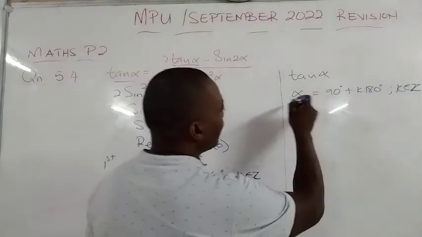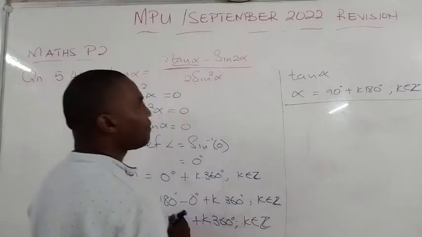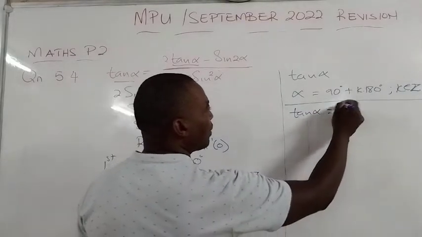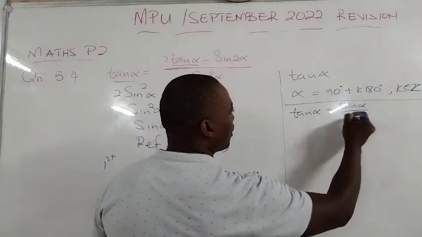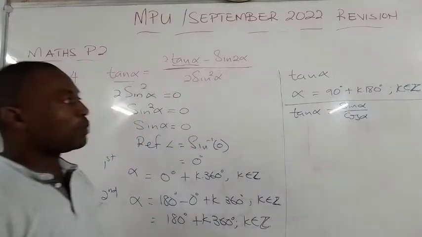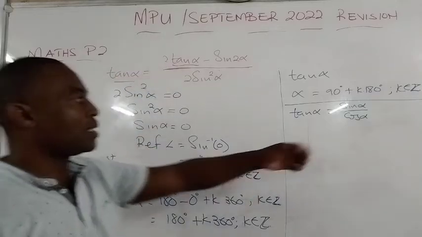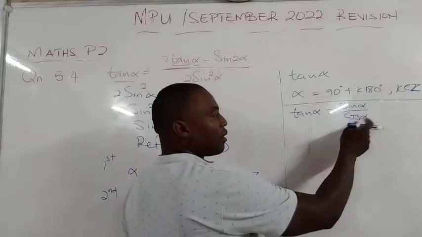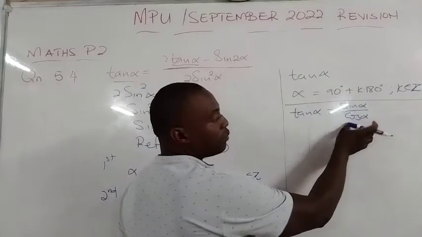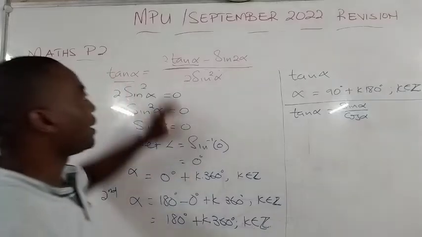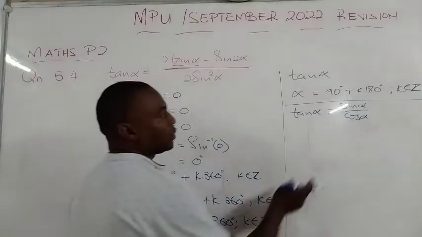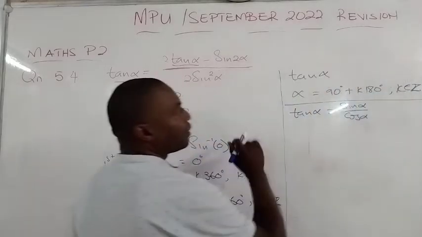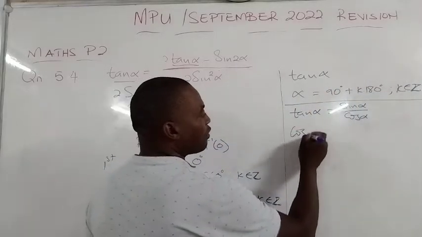If you don't decide to do it this way, we know that tan alpha is equal to sine alpha over cos alpha. So basically, when we see tan, we see this fraction. That means for the values of alpha for which cos alpha will be equal to 0, this identity will not be defined. So you can either solve the same in terms of cos alpha.